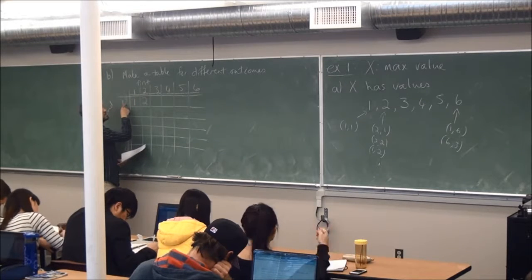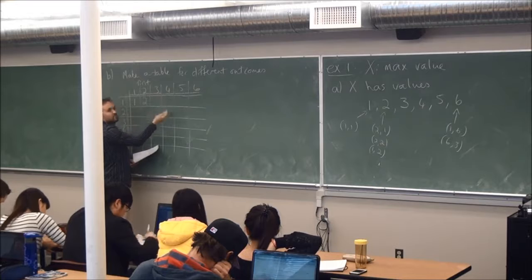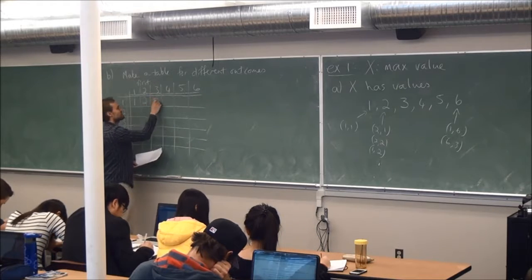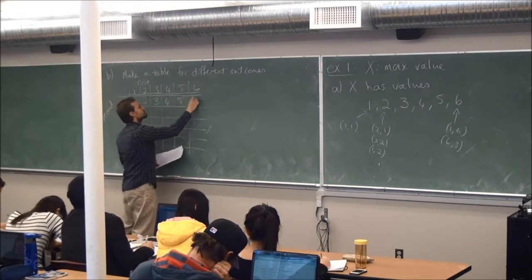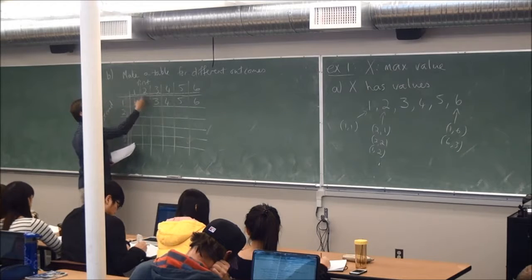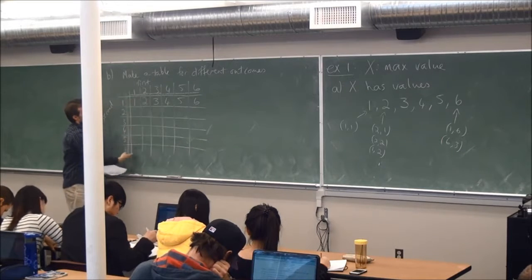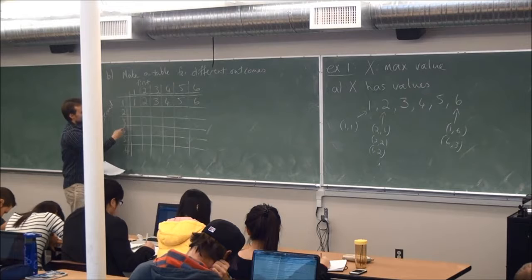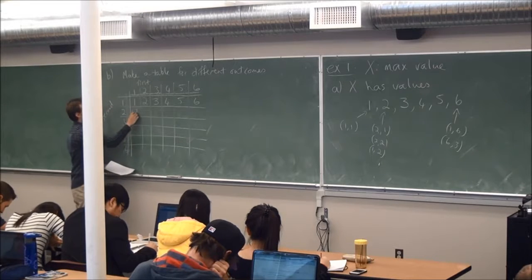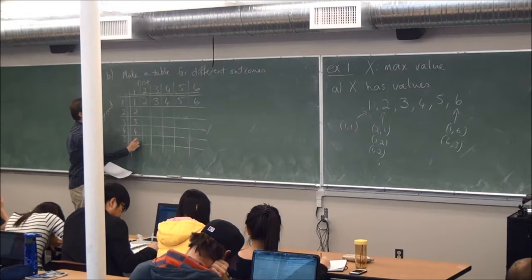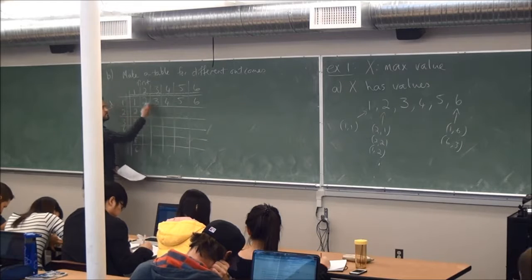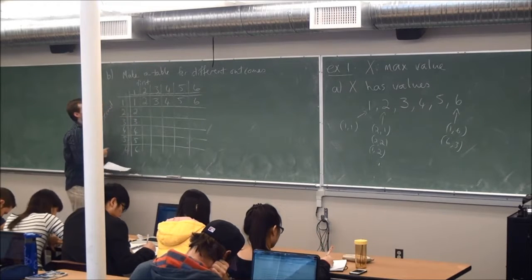A 3 and a 1, 3. I don't want to waste too much time with this. 4, 5, 6. Anything with a 1 is just going to be the other guy. Let's pull this column in. If I roll a 1 with any of these, the other one's going to be the maximum. So these are the X values that I'm writing down here, the maximum of the 2 values.